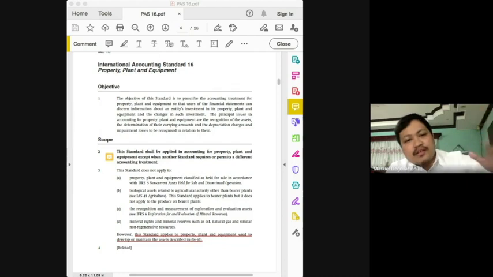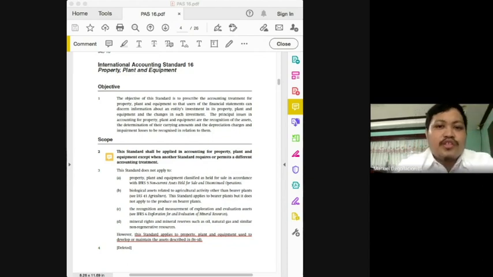You'll be given a list of assets with the corresponding amounts, and all you have to do is determine which of the enumeration given in the problem will constitute an item of property, plant, and equipment. You will have to be guided by the definition provided in PAS 16. And once you are able to identify, class, which items enumerated in the problem will be considered as property, plant, and equipment, all you have to do is add all of them. And you will already be able to answer the question, how much would be the total property, plant, and equipment.